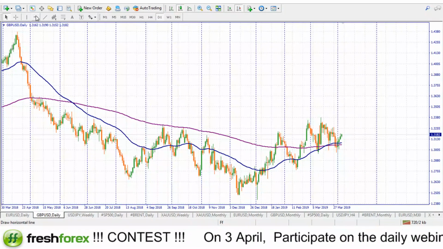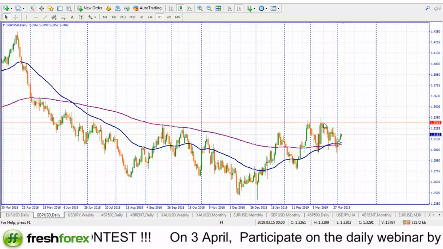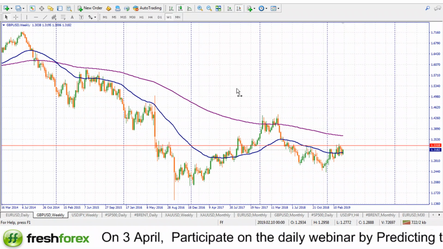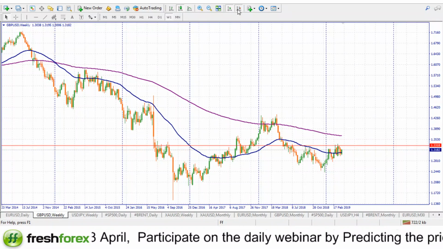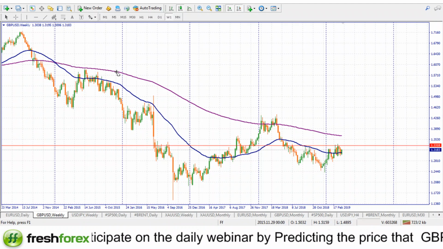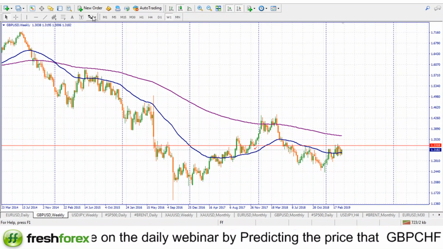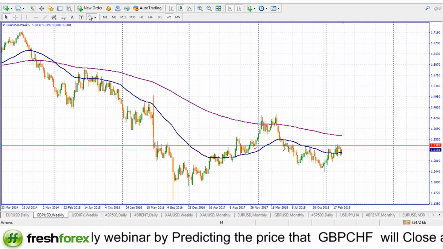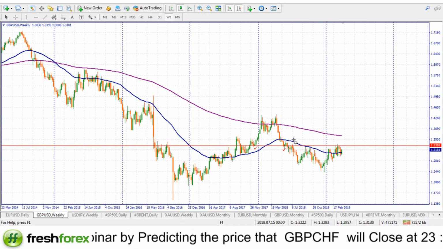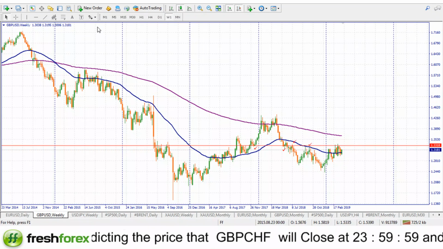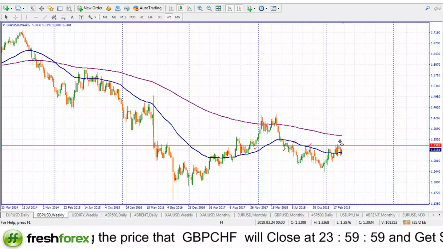So on the upper side, we have a level here which price has to break above clearly. This is also a very good weekly level. As you can see, the price attempted to cross above it some few days ago, but that didn't happen. We have that support, then we have this resistance, and then there's also this resistance.